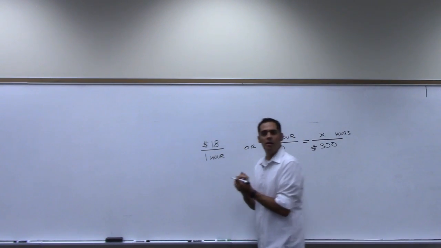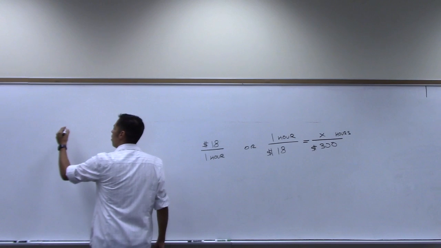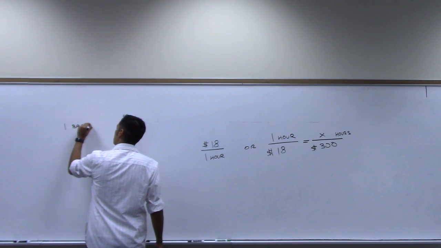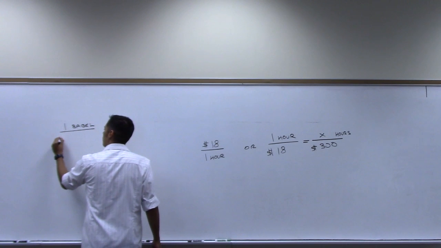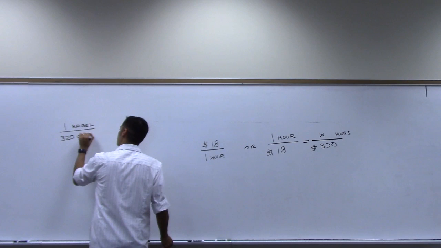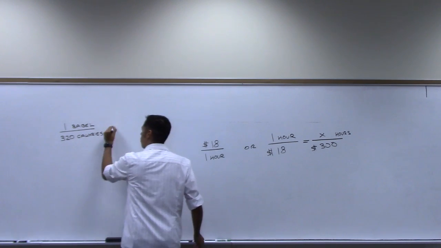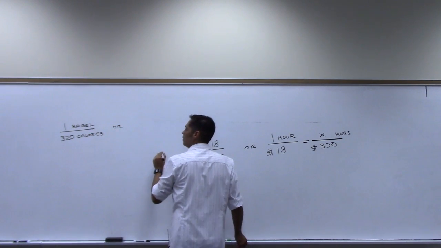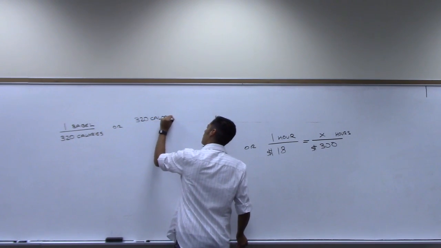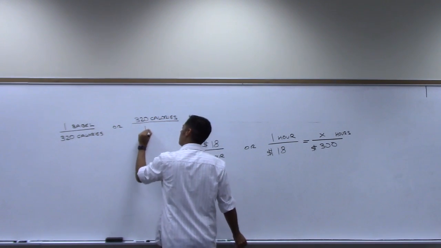I can write that how? One bagel over what? 320 calories. That's one way I could write it. Or I could write it which way? 320 calories over one bagel.